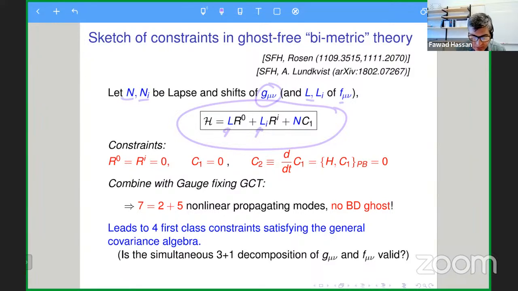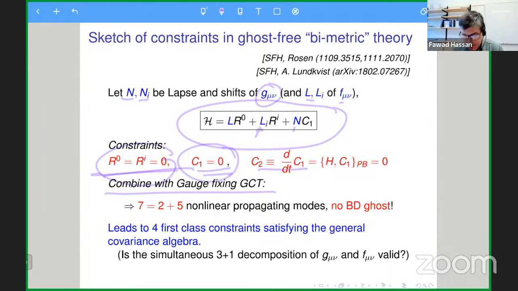Looking at the equations of motion for these lapses and shifts, you get 4 constraints here and 1 constraint here. You then require that the constraint C1 equal to 0 is stable in time. Then you get a second constraint, and you combine this with general covariance, and you see that you get the correct count of degrees of freedom that you need.